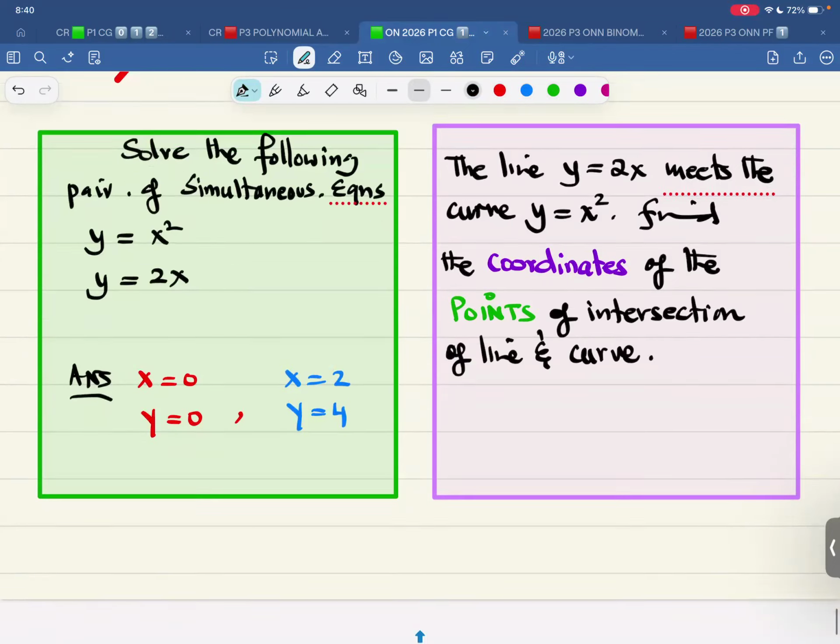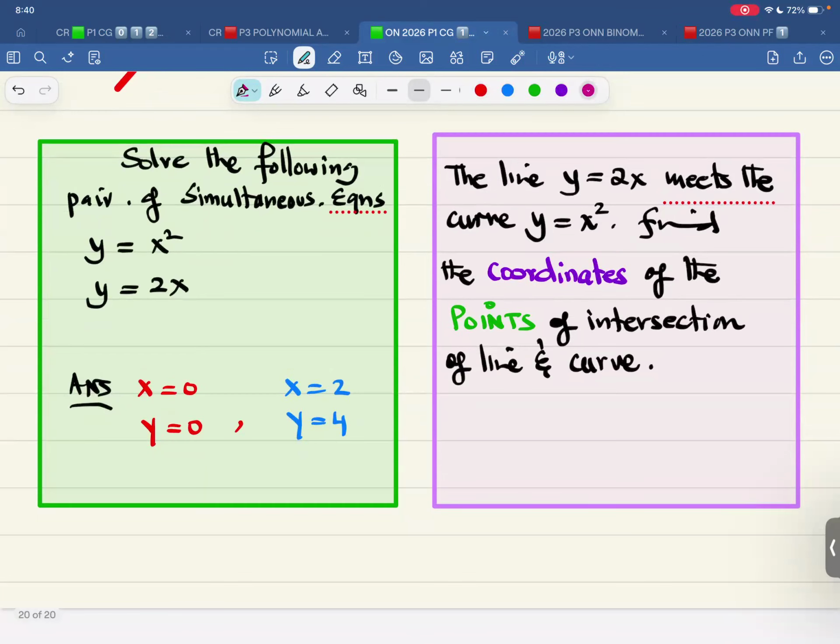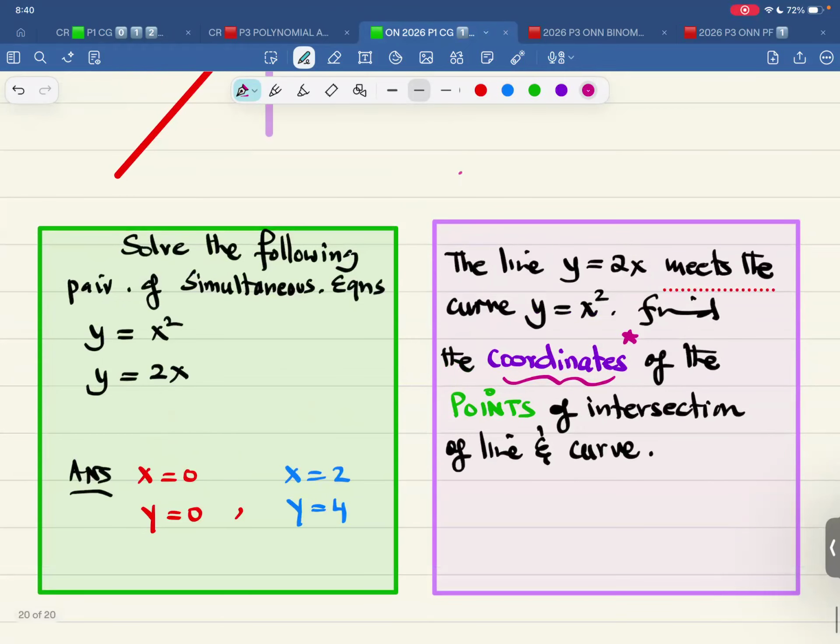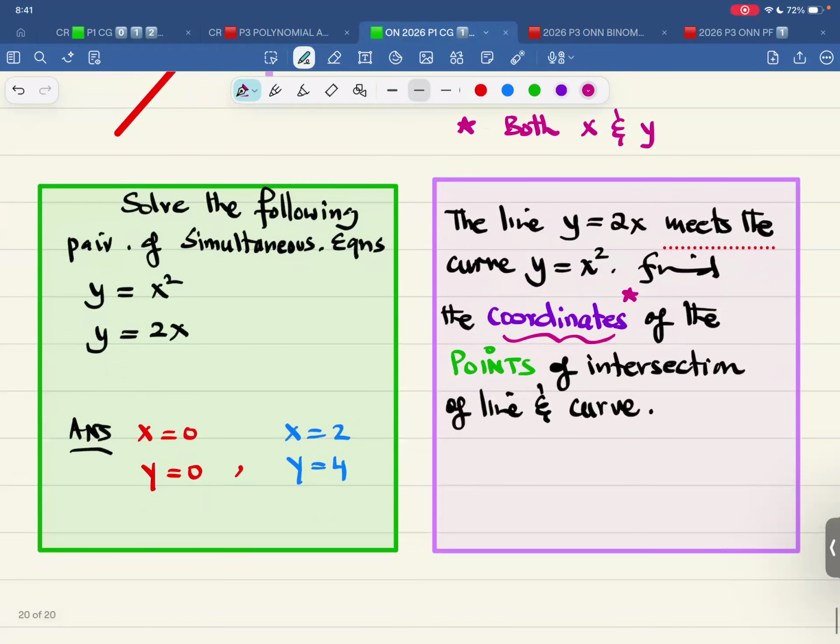Now, how will we write the answer? First of all, when it says coordinates, this word, the coordinates, means both x and y. And when it says points of intersection, this thing is plural.